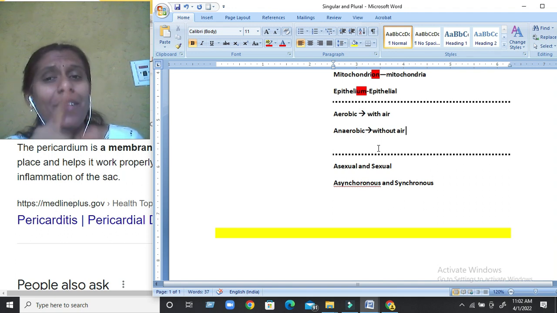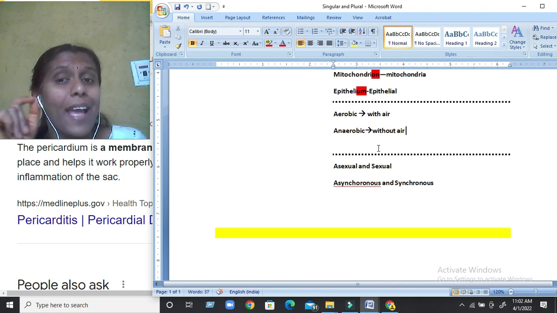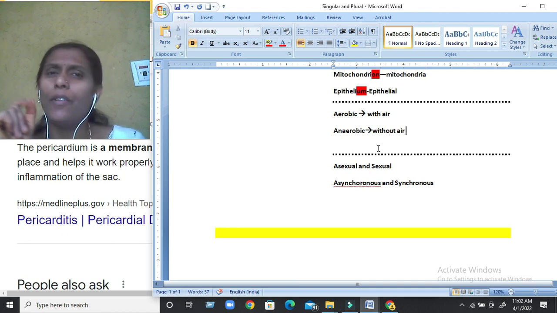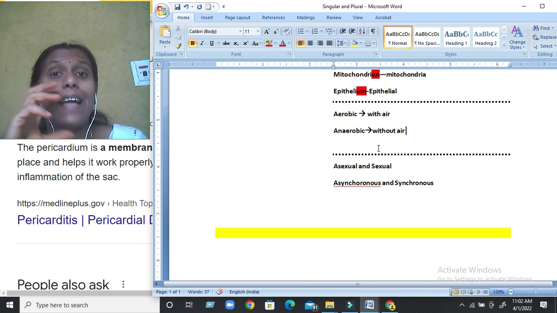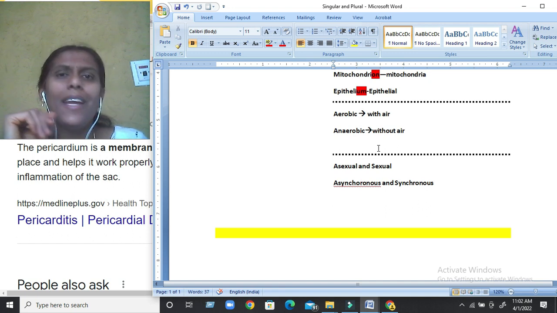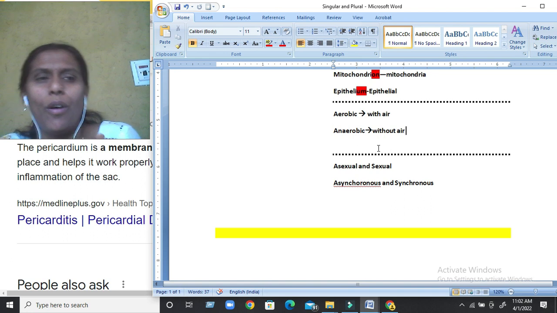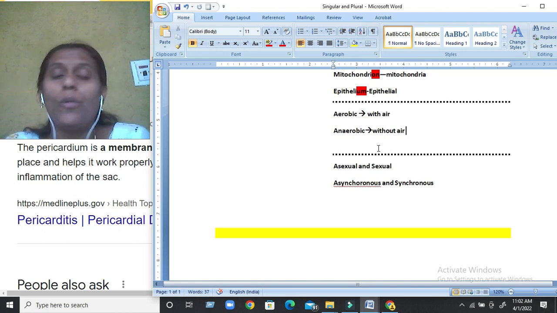Right? So, having said this, I'm talking about aerobic and anaerobic. We would have heard of aerobic exercises, something where they're done with air. Anaerobic exercises also. If you understand in gym, they don't worry much about air, right? They don't worry much about breathing.